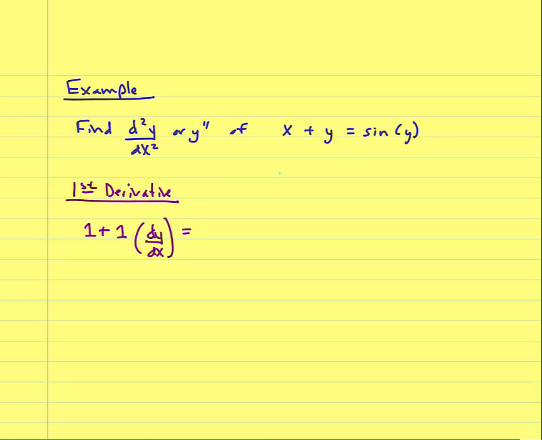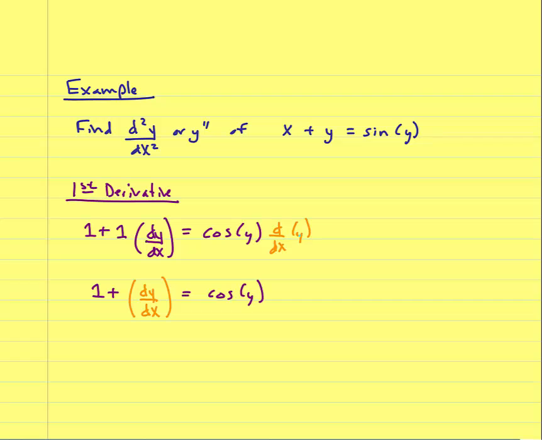That equals the derivative of sine, which is cosine of y, times the derivative of y. This is our chain rule again, the derivative of y with respect to x. So on the left-hand side I have 1 plus dy/dx equals the cosine of y.